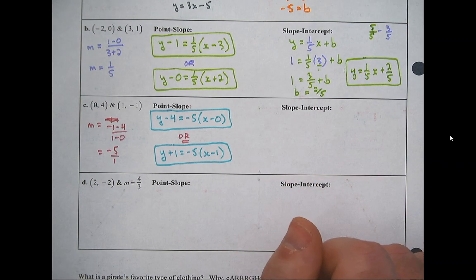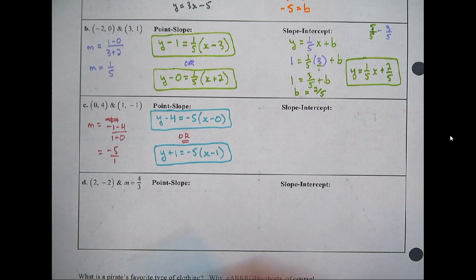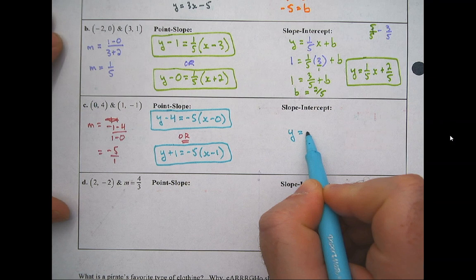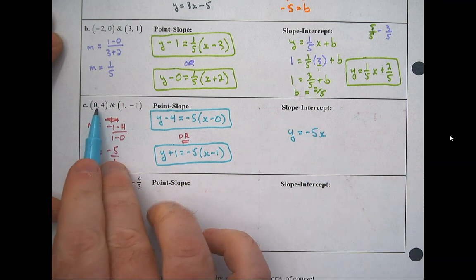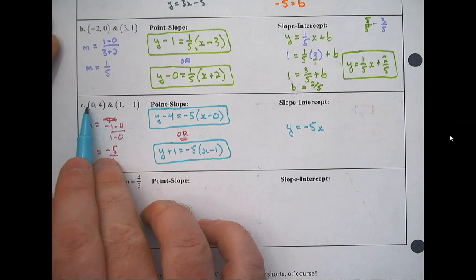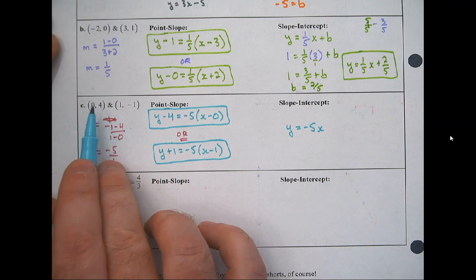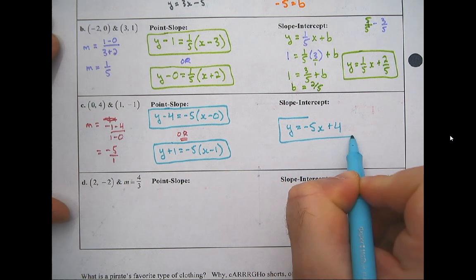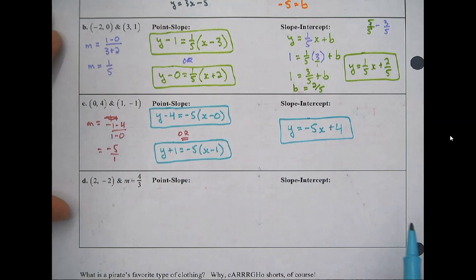Now this one's especially easy. I'm not even going to show my work on this one because y equals, my slope is -5, x, what is this? If your x value is 0 and you've got a y value, that's your y-intercept. So game over there. If you did it the long way, hopefully you got to that same spot.